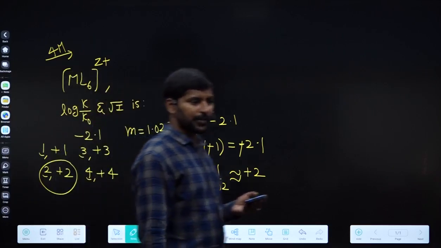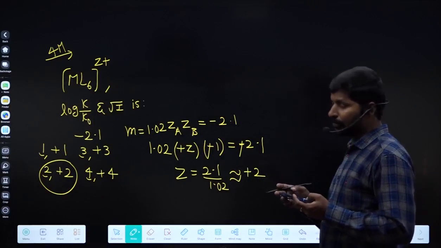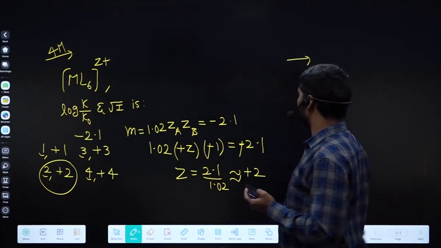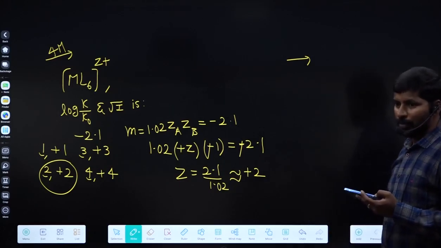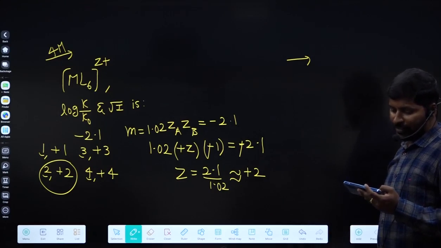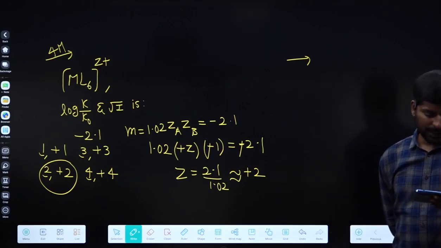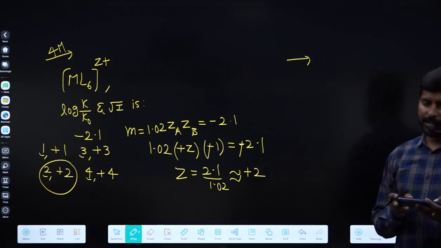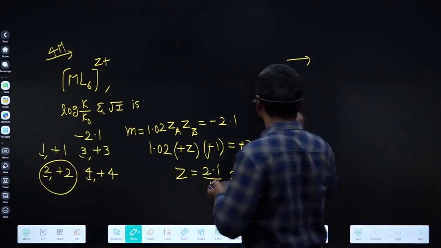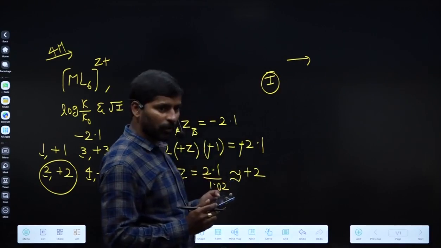Okay, next question. What will be the effect of an increase in ionic strength in each of the following reactions?